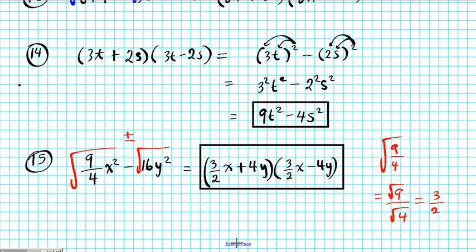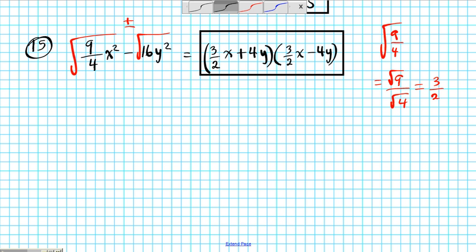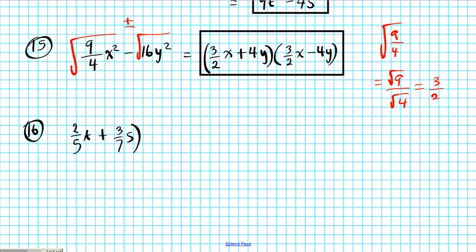Okay? Alright, let's try one last example, number 16. What if we had 2 over 5 t plus 3 over 7 s times 2 over 5 t minus 3 over 7 s.